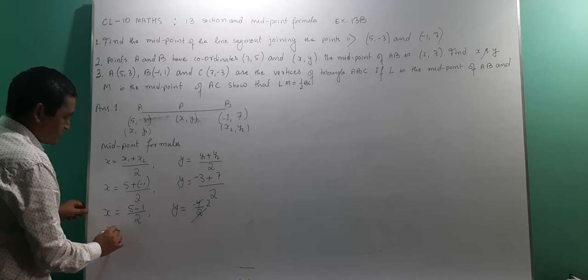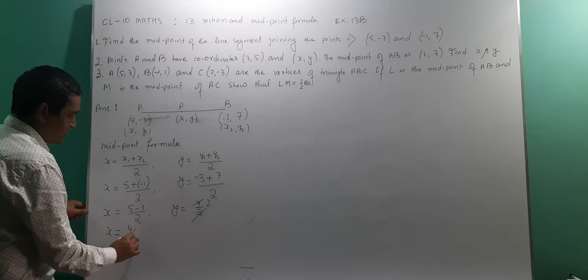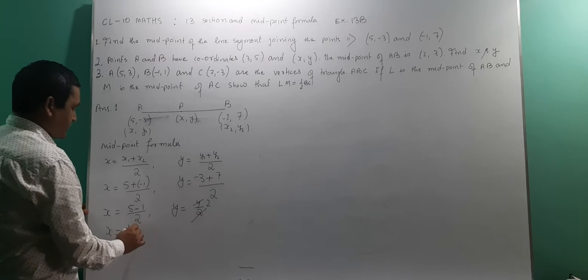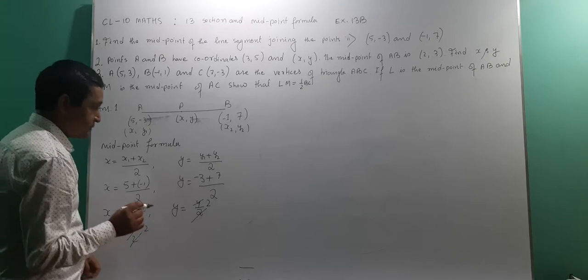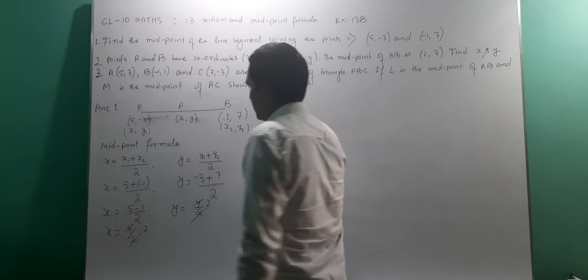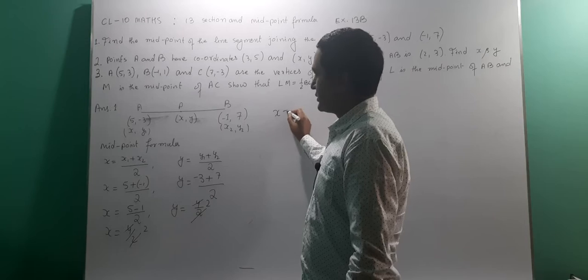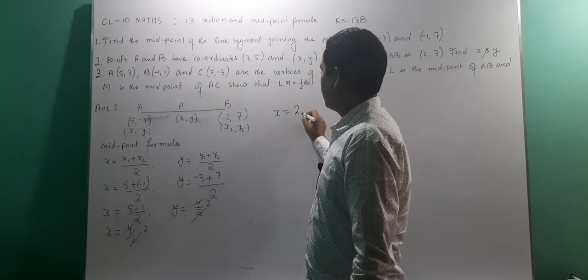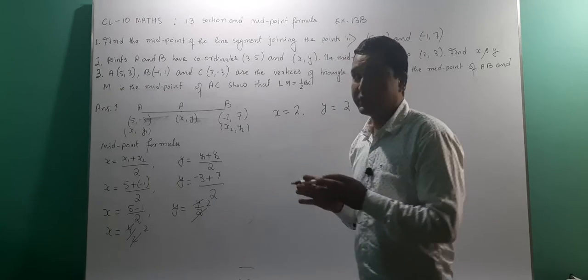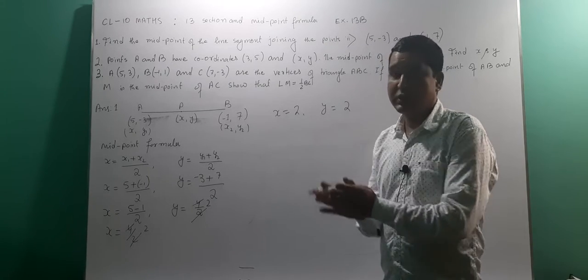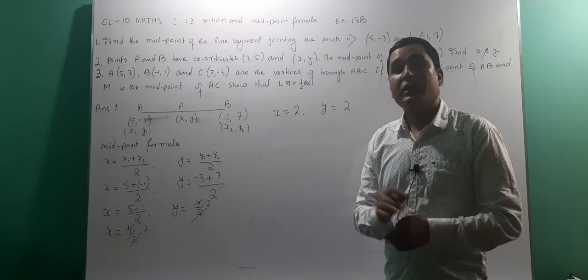Then x equals 4 divided by 2. Here also you can cancel. 2 ones are 2, 2 twos are 4. Now we got the value of x equals 2 and the value of y equals 2. While writing the coordinates, please write the values of x and y together by putting a comma in between.